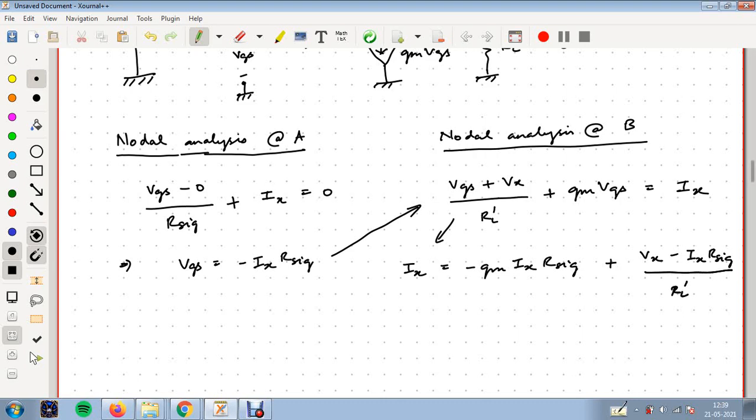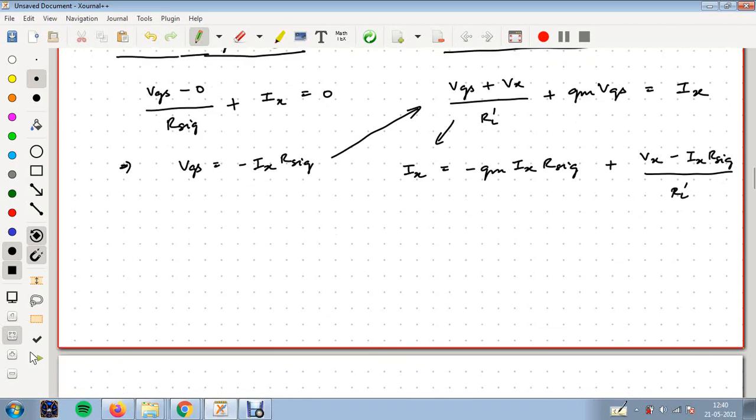I have substituted VGS equal to minus Ix into R signal in the nodal equation of point B. I'll write it in a new page.